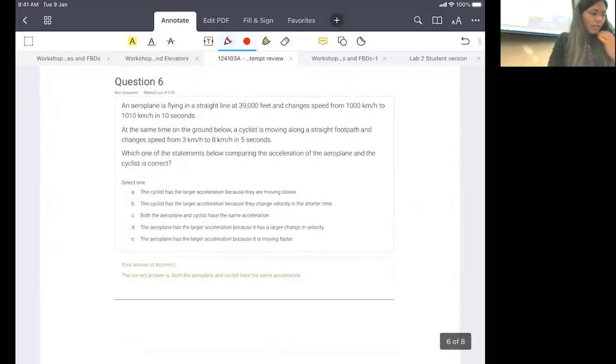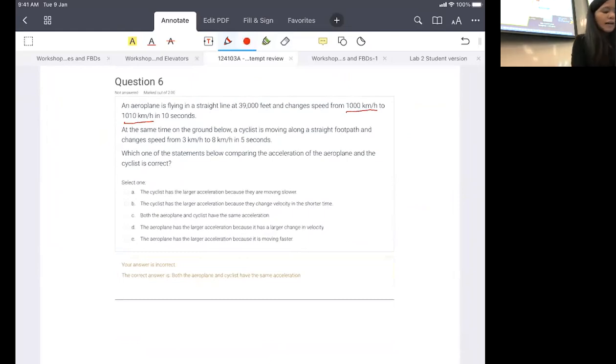Next question. An airplane is flying with an initial speed of 1,000 kilometers per hour, and then it changes speed to 1,010 kilometers per hour in 10 seconds.